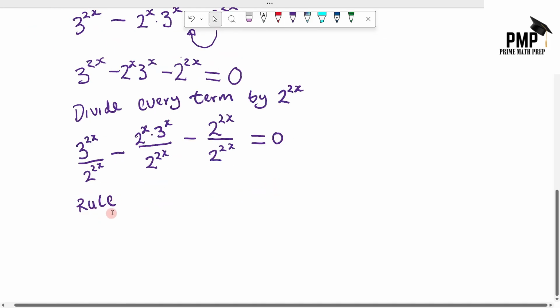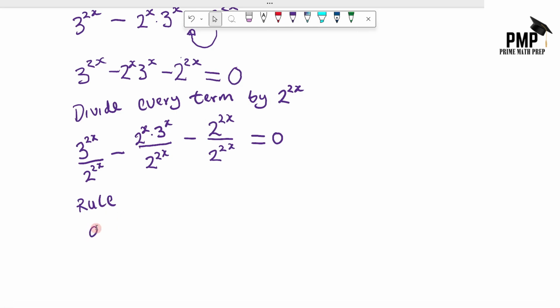There's an exponent rule that says if you have an exponent a to the power of n divided by another exponent b to the power of n, as long as the exponents are the same, n in this case, we can write this as a divided by b all to the same power.